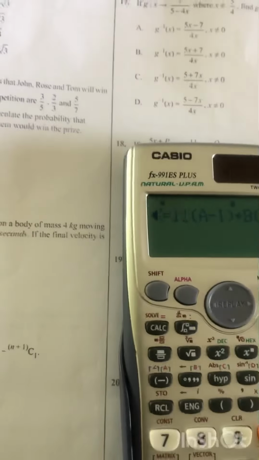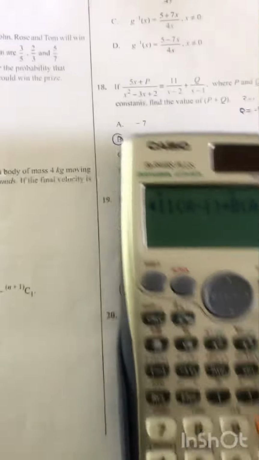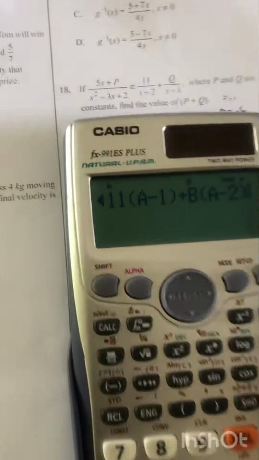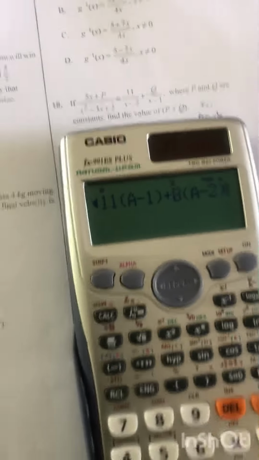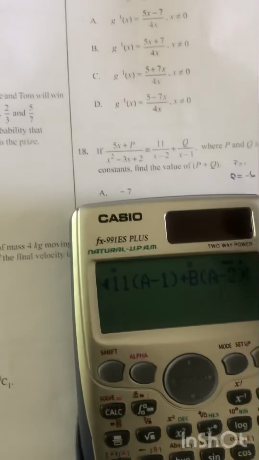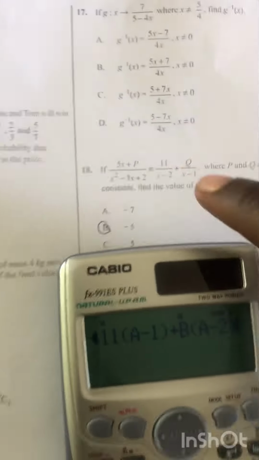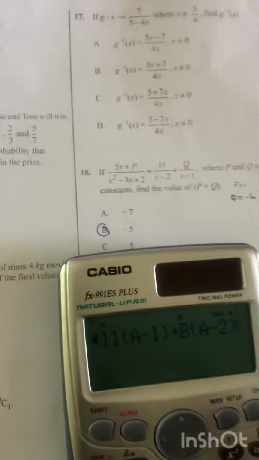B multiplied by a minus 2. The reason why I'm making it a, px, and qb is that the calculator can only solve for x when there is x inside. A and b, c, d, the calculator will not be able to solve it. But first, I want to find p by putting x to be 2 to eliminate q and find p.